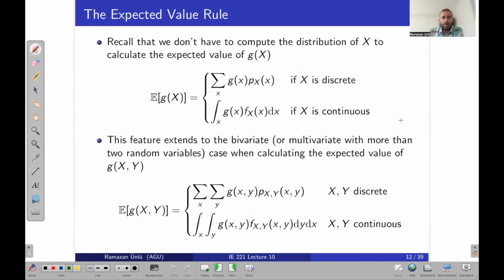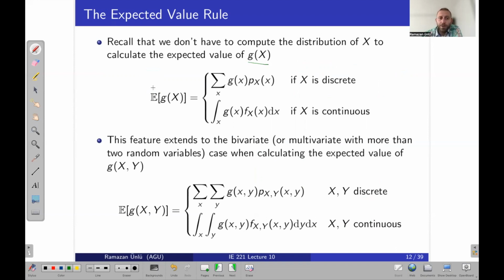So let's look at some expected value rules. Recall that we don't have to compute the distribution of x to calculate the expected value of g of x, right? g is a function of x, so I don't need to calculate the distribution of x.